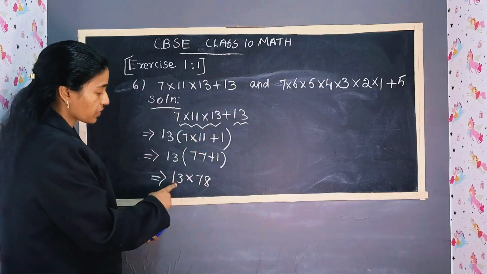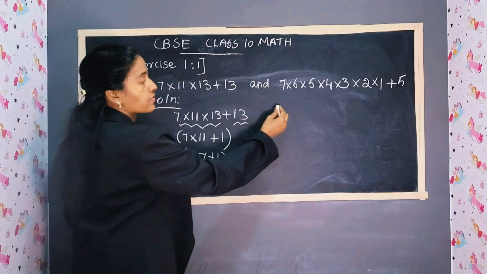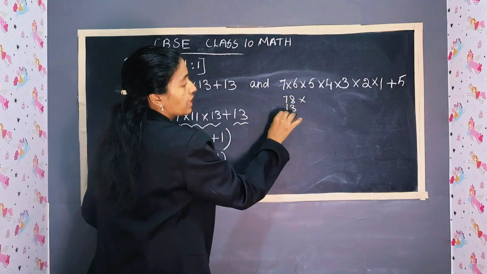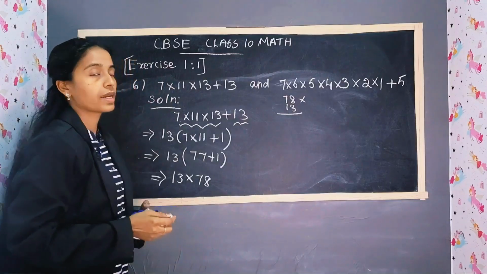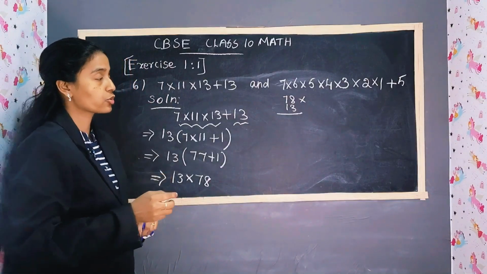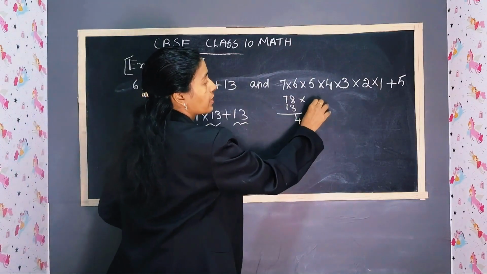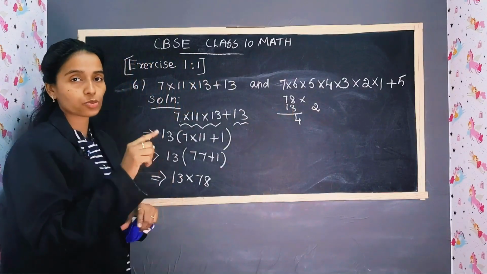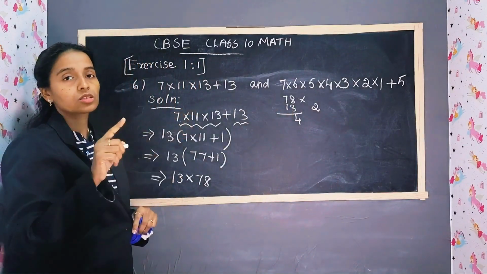Now 13 into 78. 78 into 13, how much? 8 into 3, 8 threes are 24. 7 threes are 21, 21 plus 2, 23.